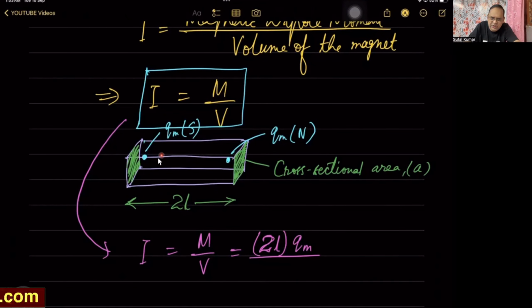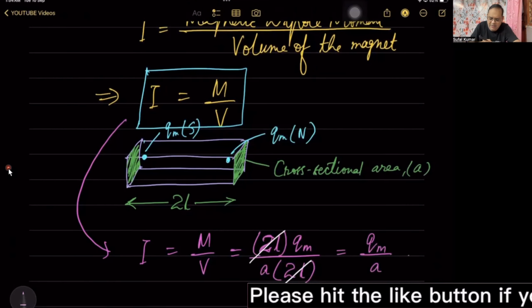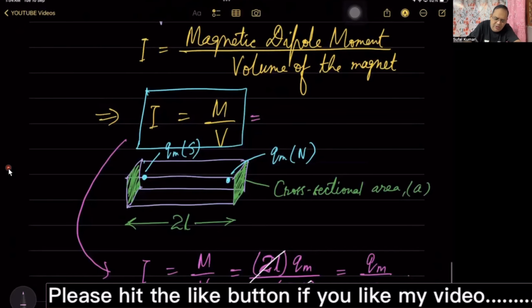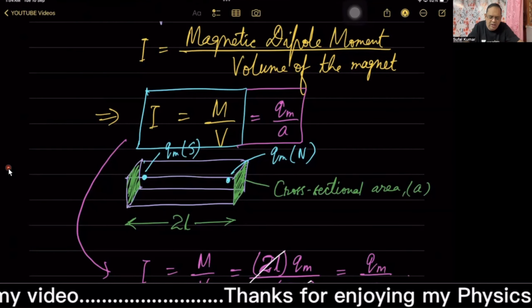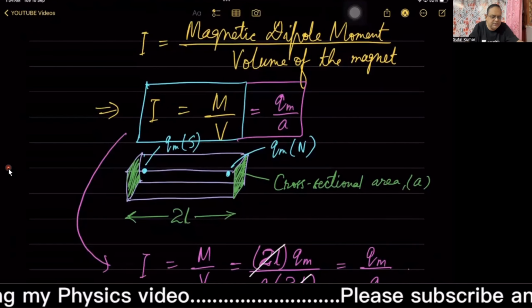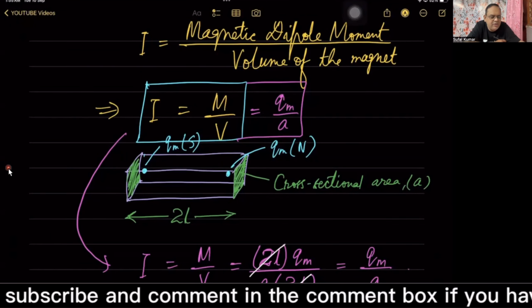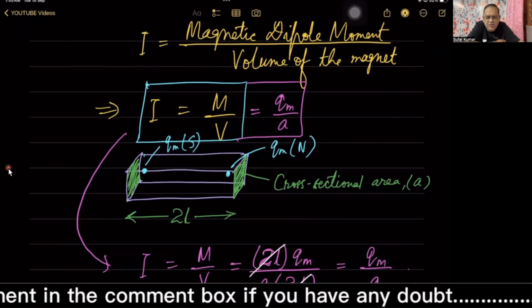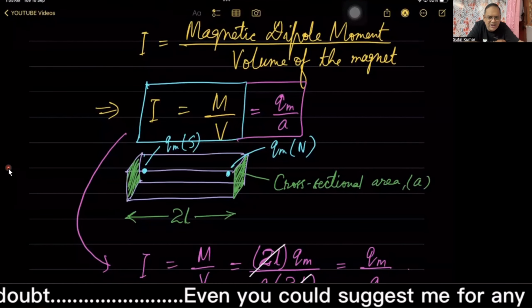So cross-sectional area is A into 2L. 2L cancels, Qm by A. So magnetic dipole moment, I have already written, and volume of the magnet, this I have mentioned. Now we are going to discuss one very important formula, and its 2-3 liner derivation.